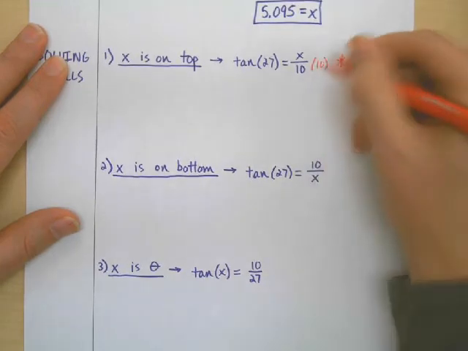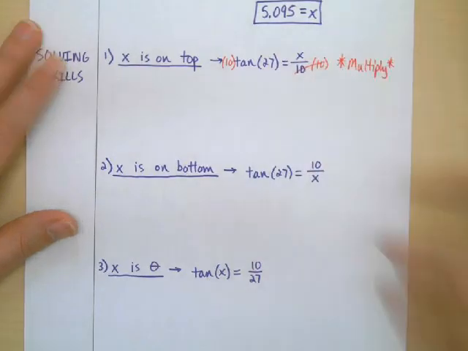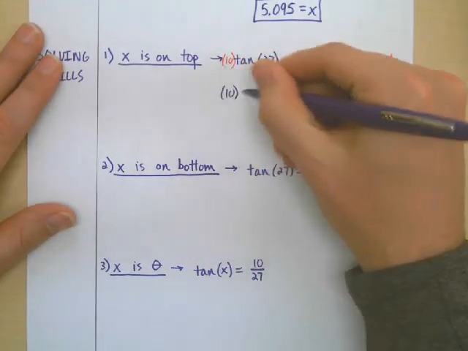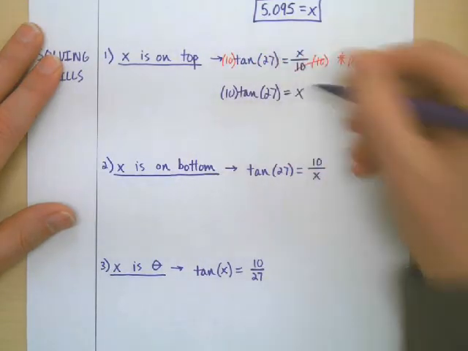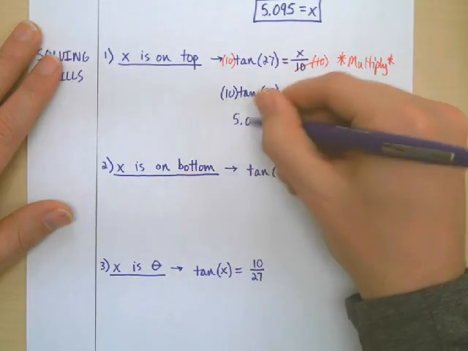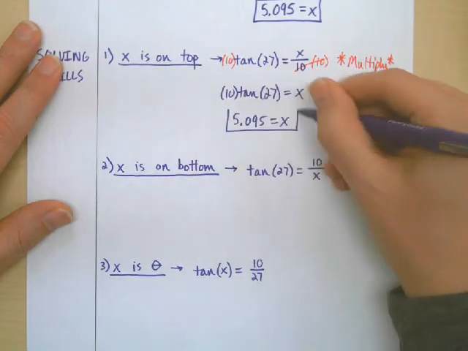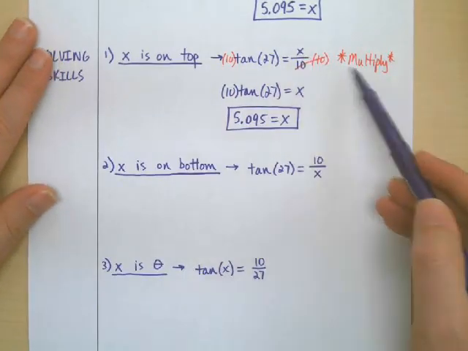So, like we just did, going to multiply by 10. The 10s cancel. On the calculator, we do 10 tan 27. And we got 5.095. So, whenever x is on top in the numerator, you multiply.